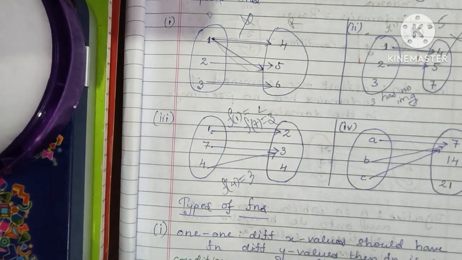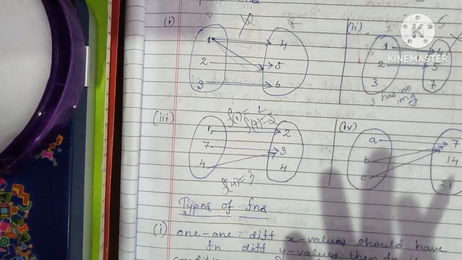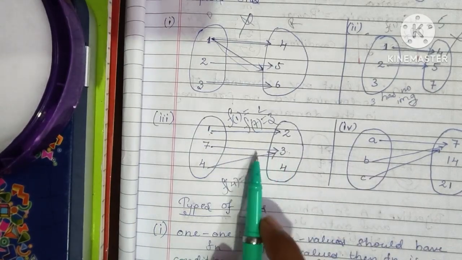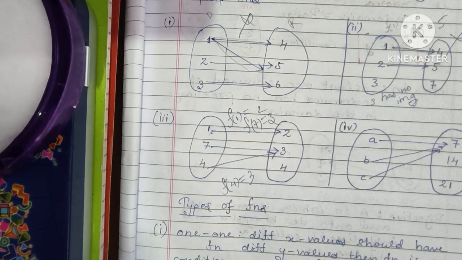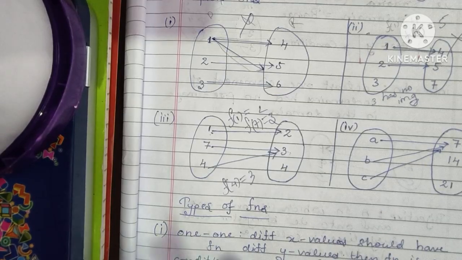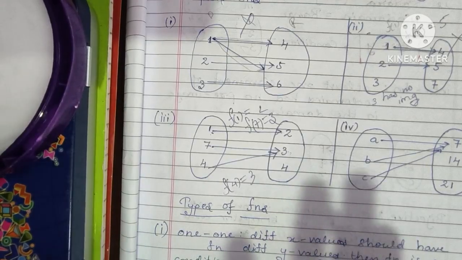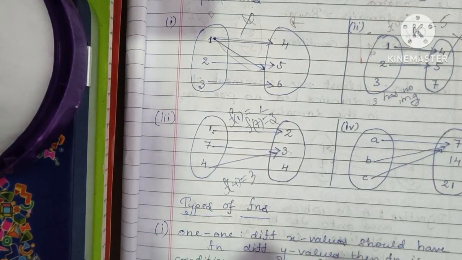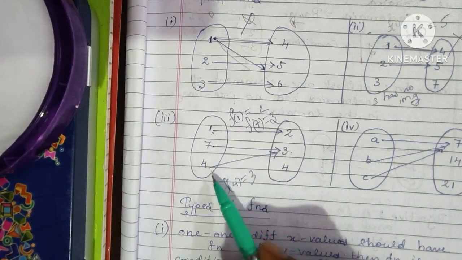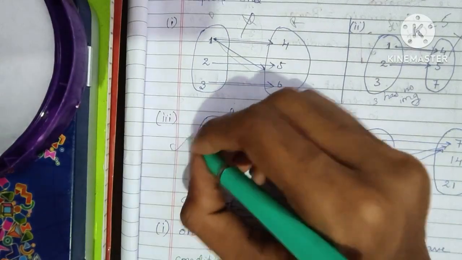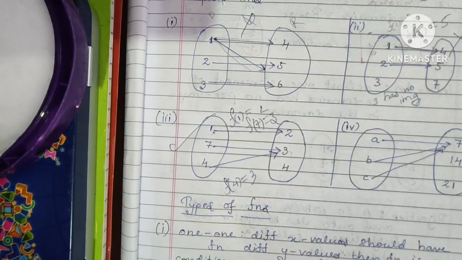Two elements in the domain may or may not have the same image. Here you can see 7 and 4 are pointing towards 3 itself. That means they have the same image. That is not a condition for a function. So whether they have the same images or not, it is not going to create any problem. Therefore, it is a function. The third choice is a function.